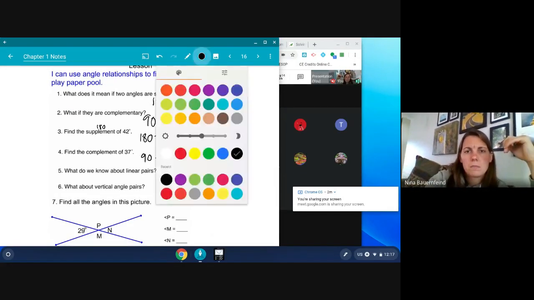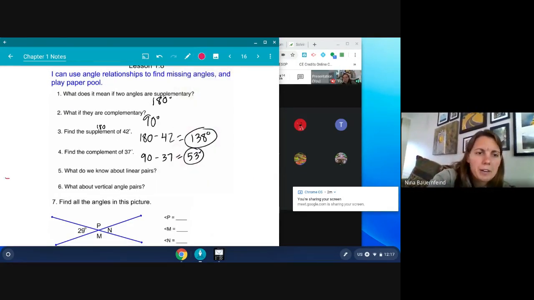I'm going to draw a linear pair. Here's a linear pair. What do you know about those two angles? What's their relationship? They make a line.